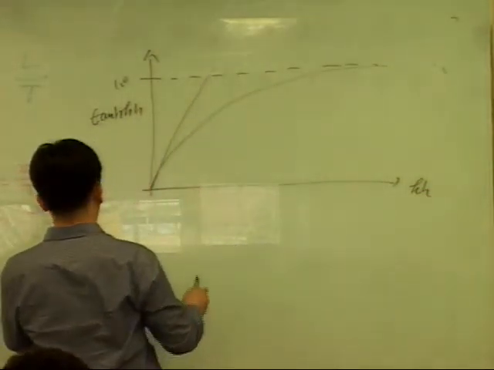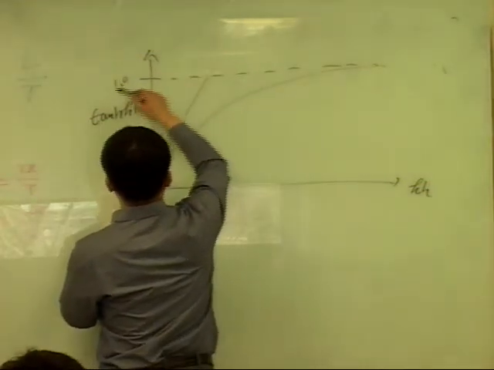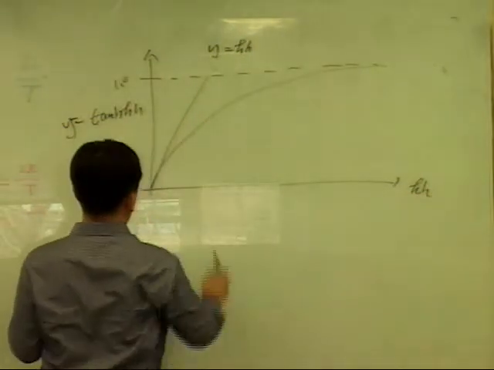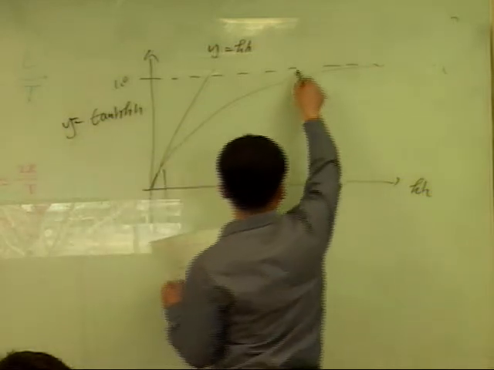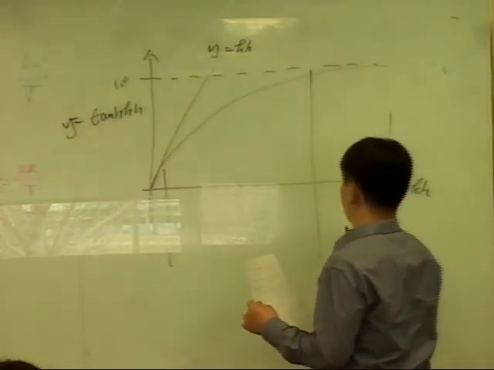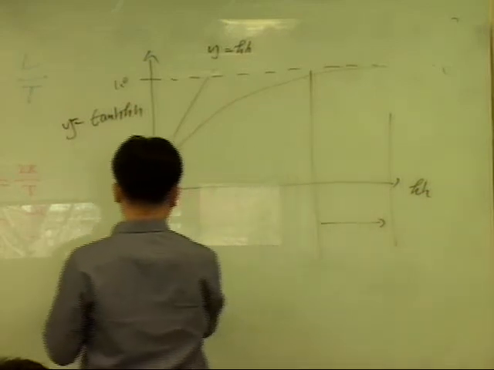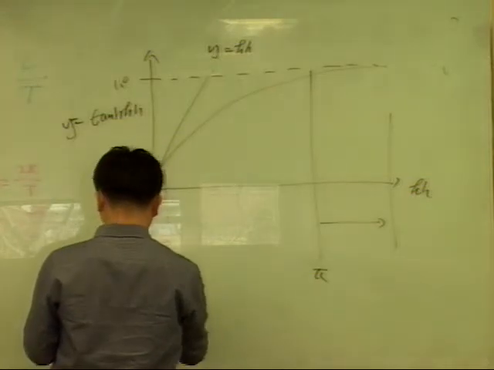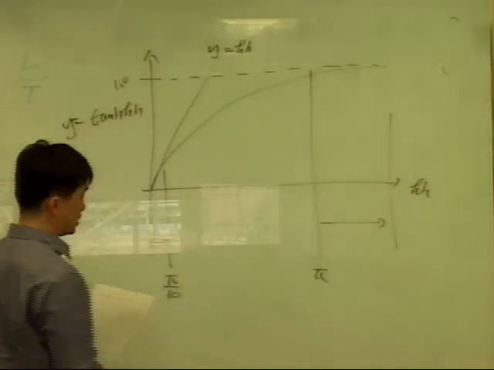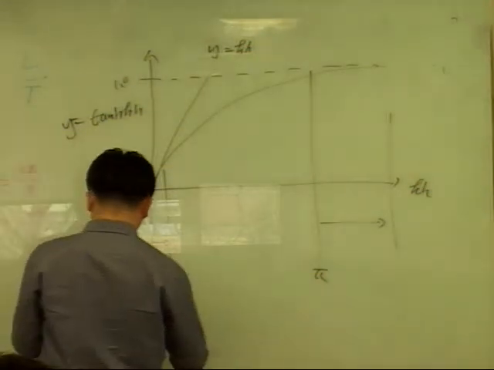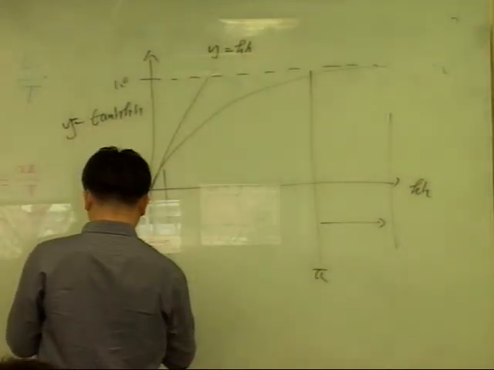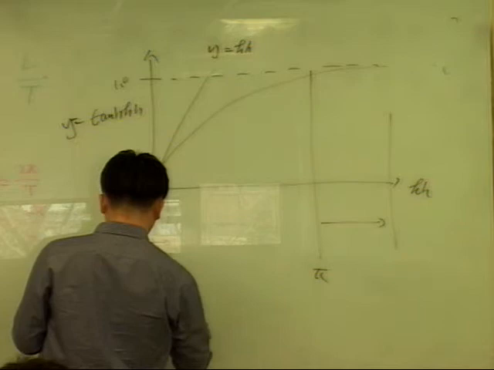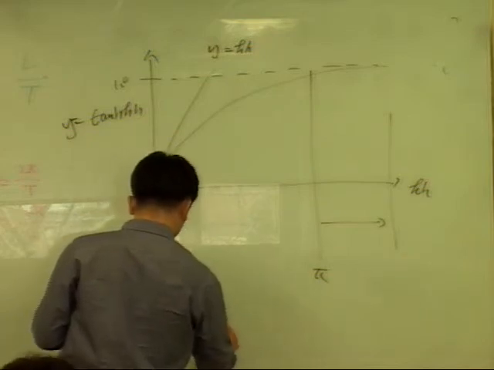And let's say this is y equal kh. Okay, in this region, when kh is smaller than pi over 10, hyperbolic tangent kh is just kh.